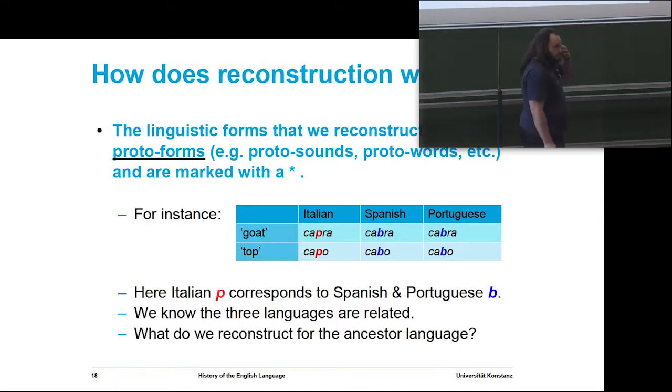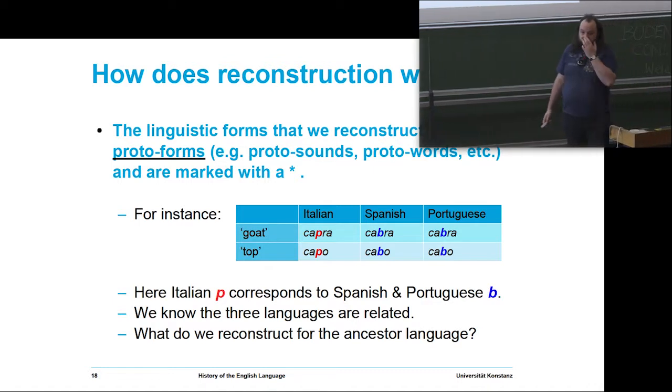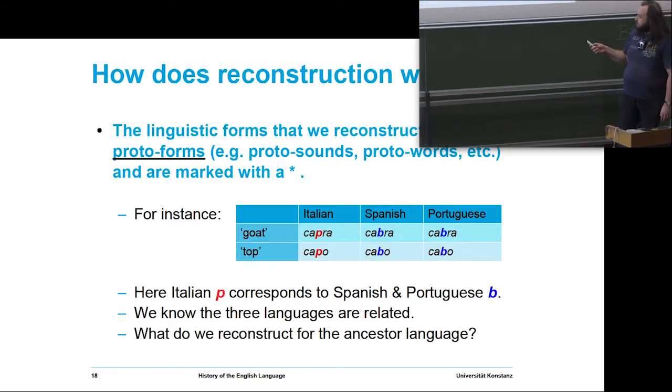When we reconstruct, what we reconstruct is called a protoform, and it's marked with an asterisk. So let's take a concrete example now. Let's take a very simple example with only a few words in it. In Italian and Spanish and Portuguese, we've got words for goat and for top or head. And in Italian, these words have a p in the middle.